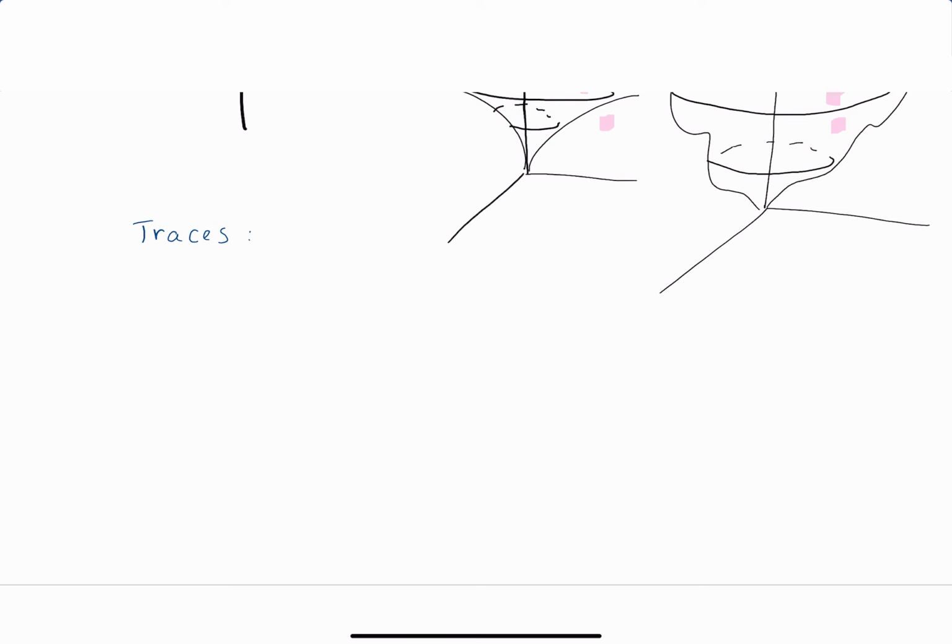Remember, traces are the curve you get when you look at how your graph intersects one of the coordinate planes, whether the back wall, the left wall, or the floor. So let's look at the back wall, which is the YZ plane.